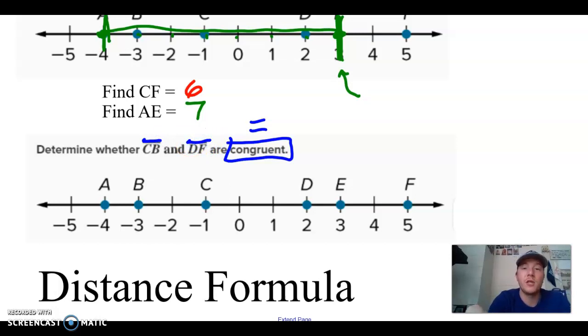Well, let's check out CB first. Again, I won't go through all of it again. We can subtract the new minus the old, or we can just count in this case. That is going to be 2. So CB has a distance of 2.